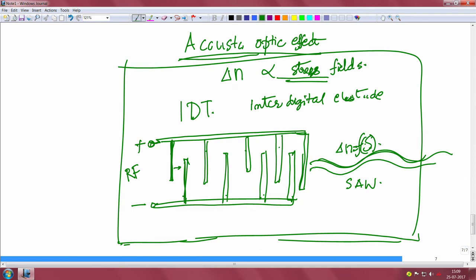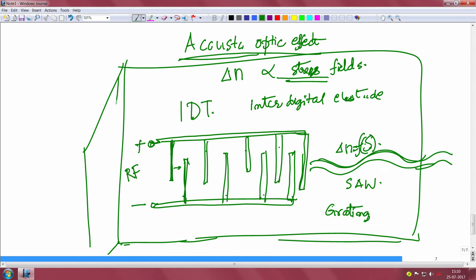So, since this is a periodic property, we can assume that the refractive index is also periodic and effectively creating a grating. So, an optical grating is created by the surface acoustic wave, that is the final effect.